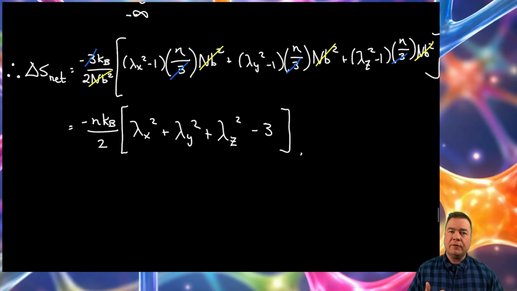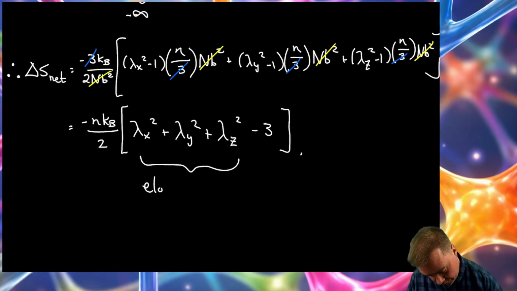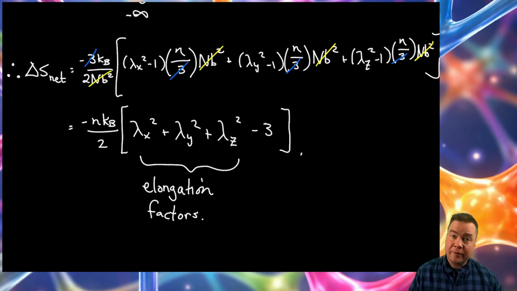So if you tell me how much you've stretched the material in the x, the y, and the z directions in terms of these elongation factors, lambda, then I can tell you how much the entropy of your material has changed. That's what we've just computed.